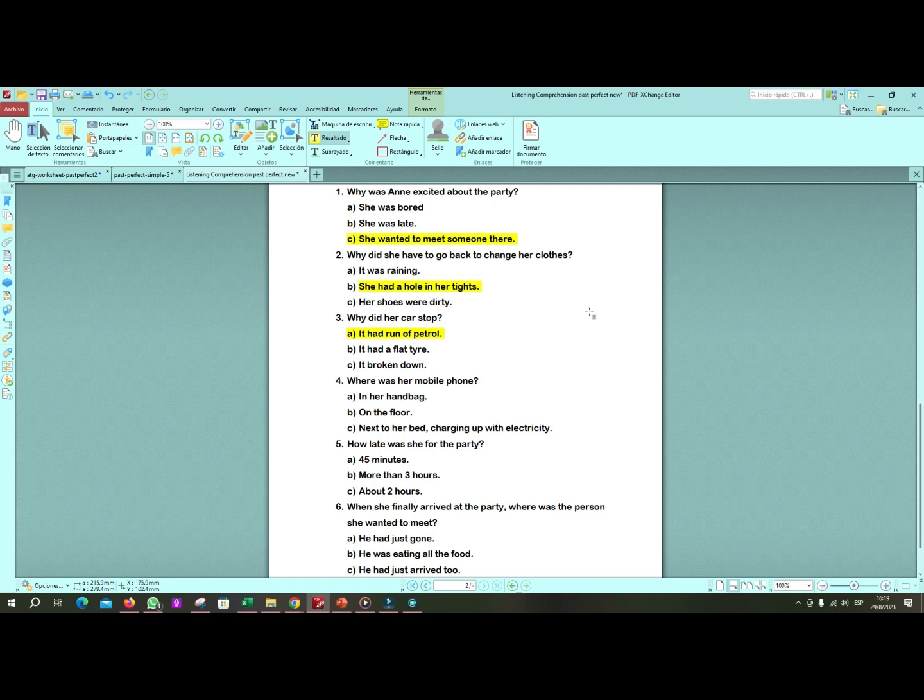Good. Four. Where was her mobile phone? In her handbag, on the floor, or next to her bed, charging up with electricity? Letter C, right? So next to her bed, charging up with electricity.